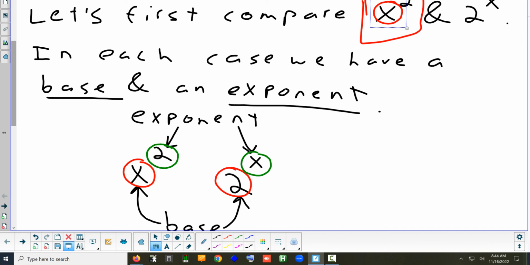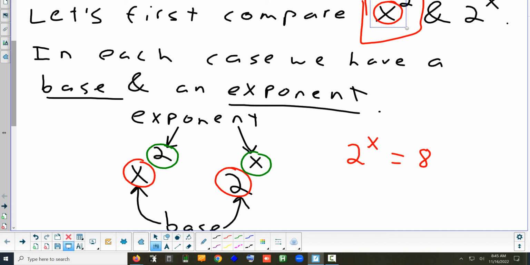The one on the right is very different. It has a variable in the exponent. And when you put a variable in the exponent, it can make an equation a lot harder to solve. This one, not too hard to solve. 2 to what power would give you 8? 3.